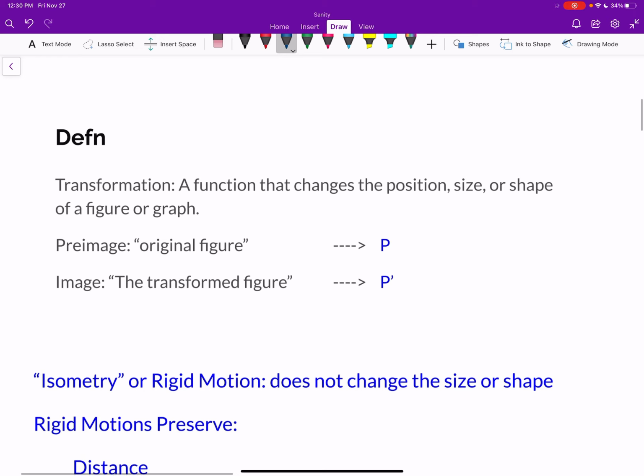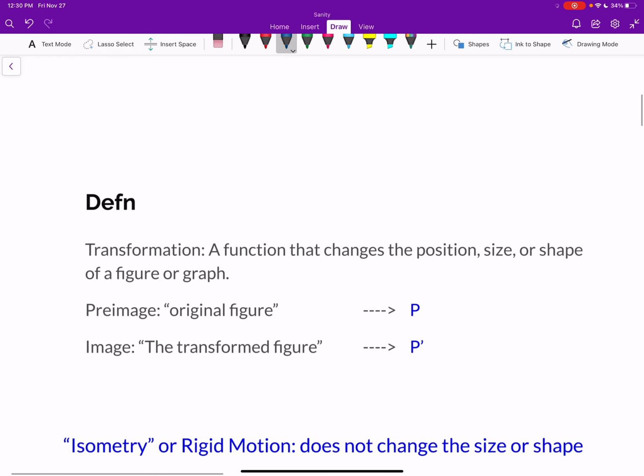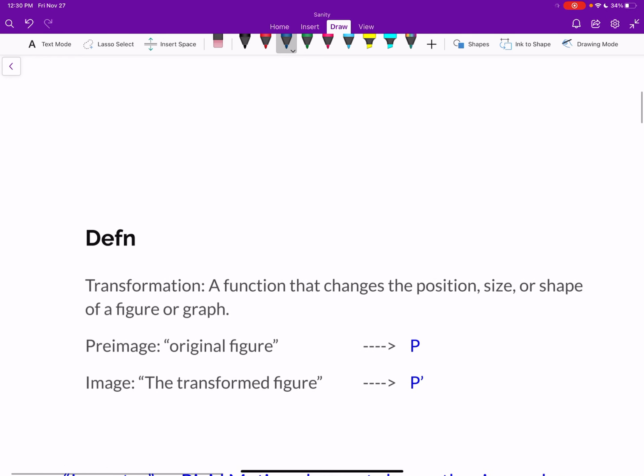This right here is just review from what we talked about on Monday/Tuesday last week when I saw you. So again, transformation is just a function that's going to change a figure or graph. It's going to change the position, shape, or size. The pre-image is something that we call the original figure. One thing I didn't mention last week was that if you're translating a point P, there's your original point.